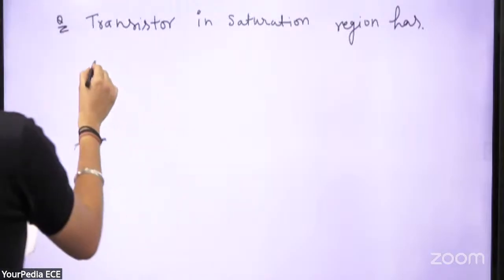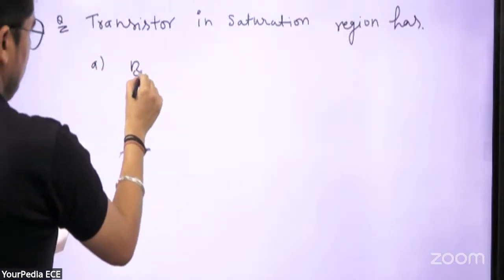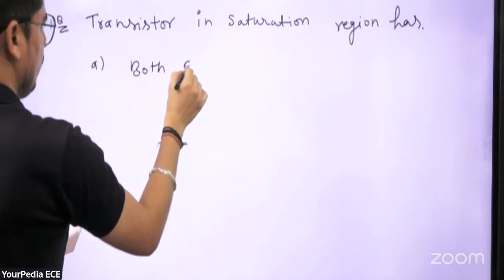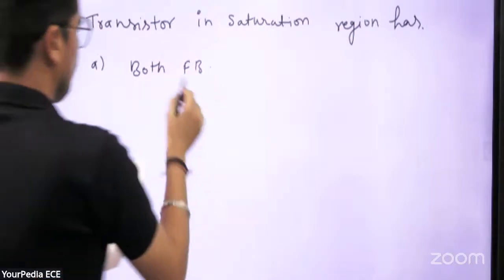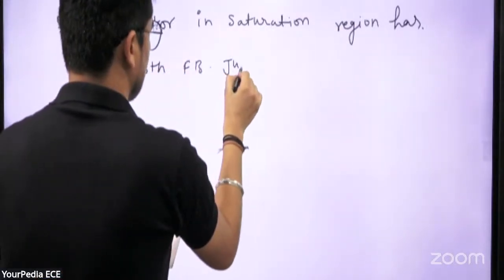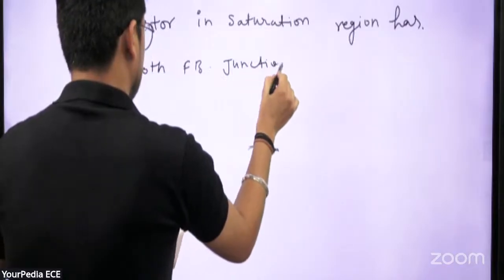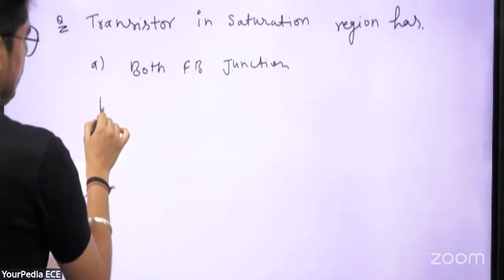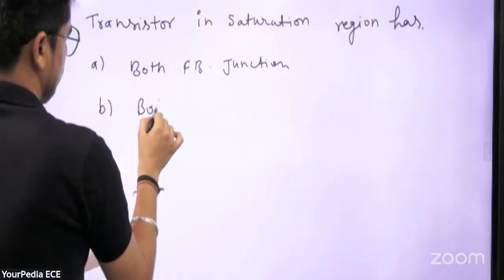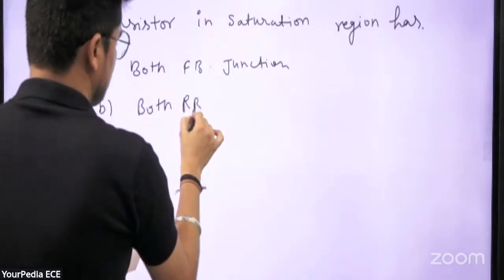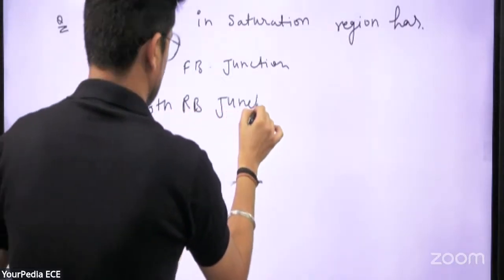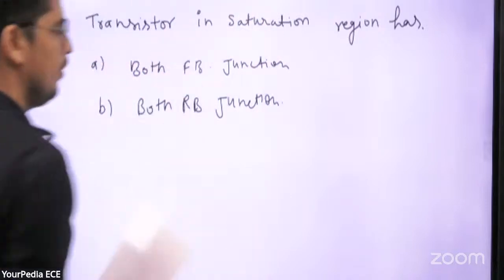The first option is both junctions forward bias. The second option is both junctions reverse bias. I only have the two options.